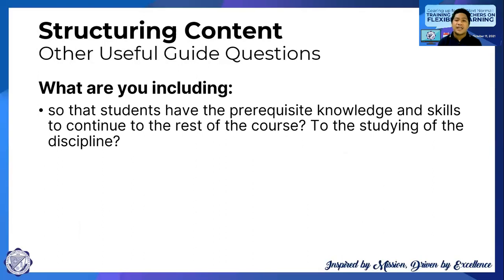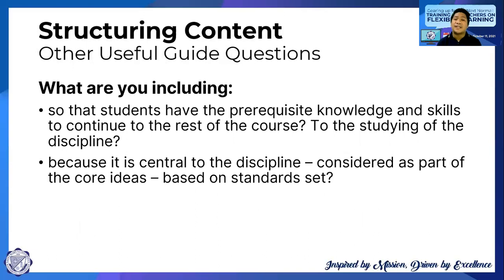So you have to check the subjects before your course. Okay? You have to check if there are contents in the courses that you have taken previously and align that with the courses or the contents of the course that you are trying to design.